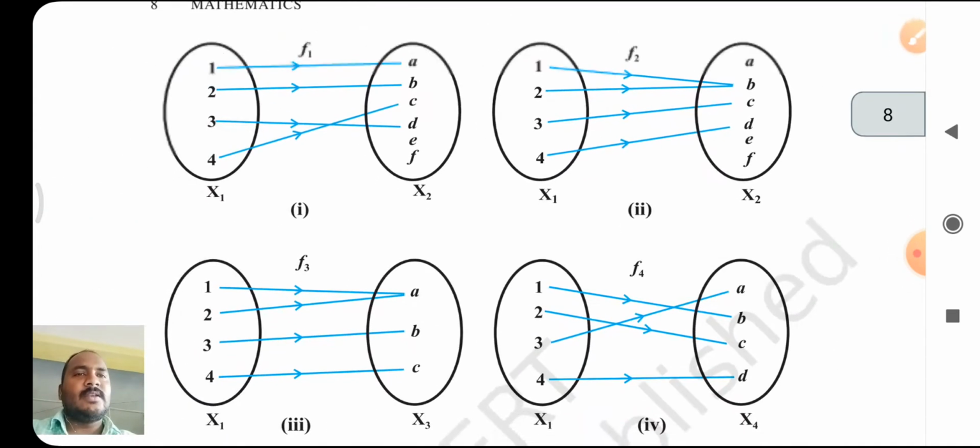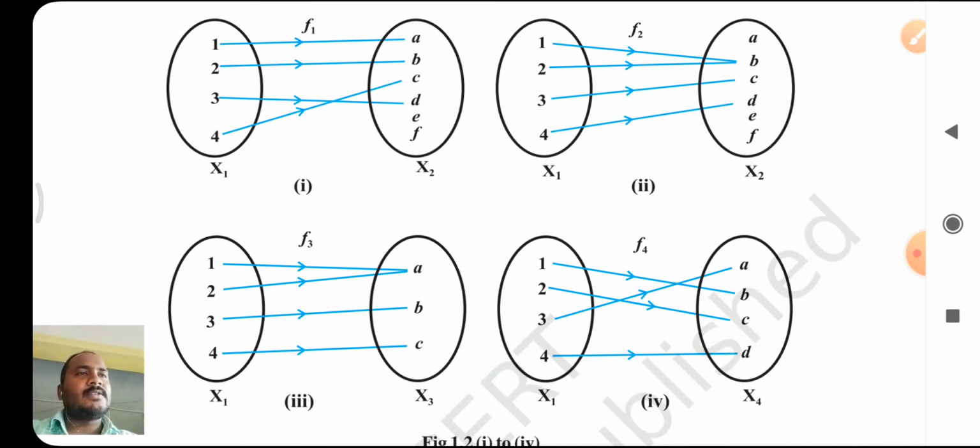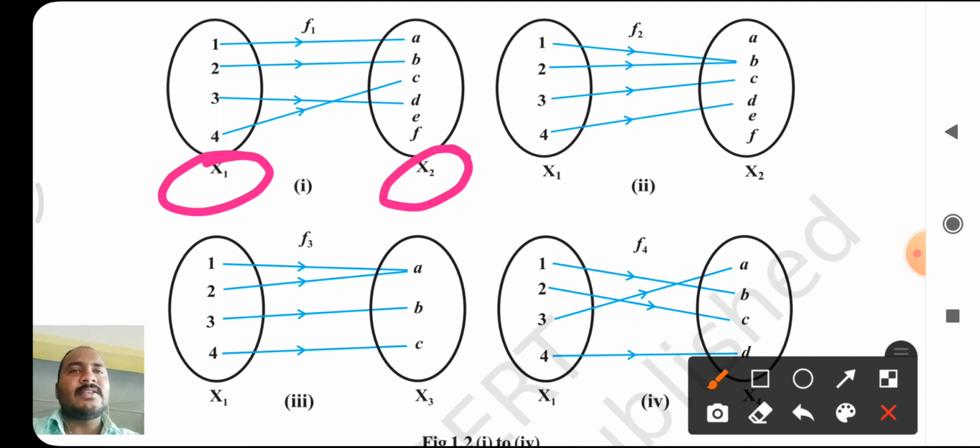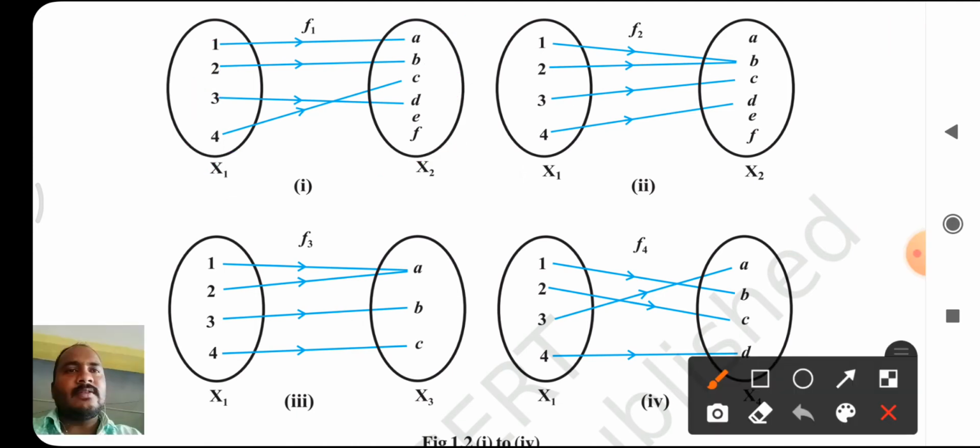My dear students, please observe f1 and f4. Here x1 are the pre-images and x2 are the images. 1 is associated with A, 2 is associated with B, 4 is associated with C and 3 is associated with D. In the first figure, A is the image of 1, B is the image of 2, C is the image of 4 and D is the image of 3.